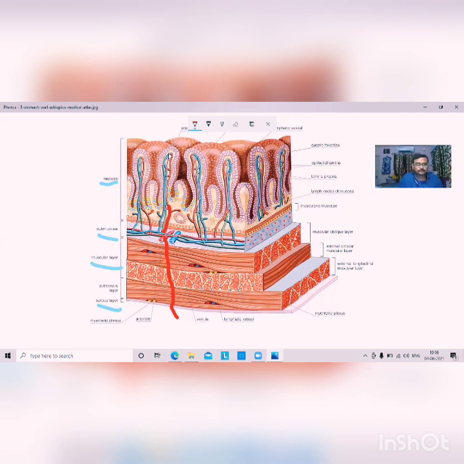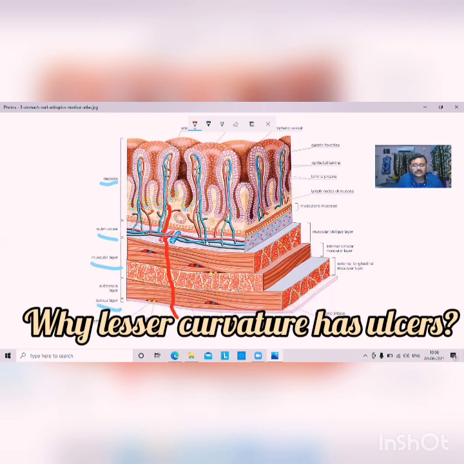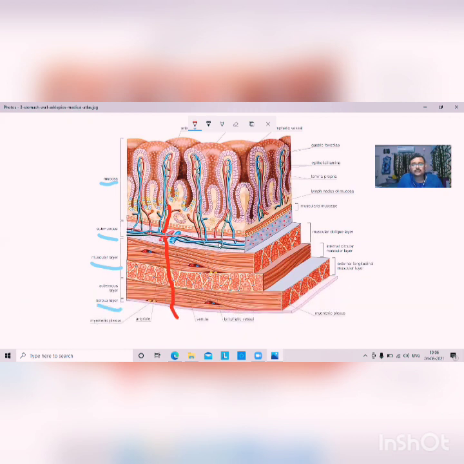There are some conditions, like in the lesser curvature of the stomach, where this interarterial anastomotic network is absent at the level of the submucosa. That is why the major artery that enters through the wall of the stomach will reach directly to the subepithelial layer.